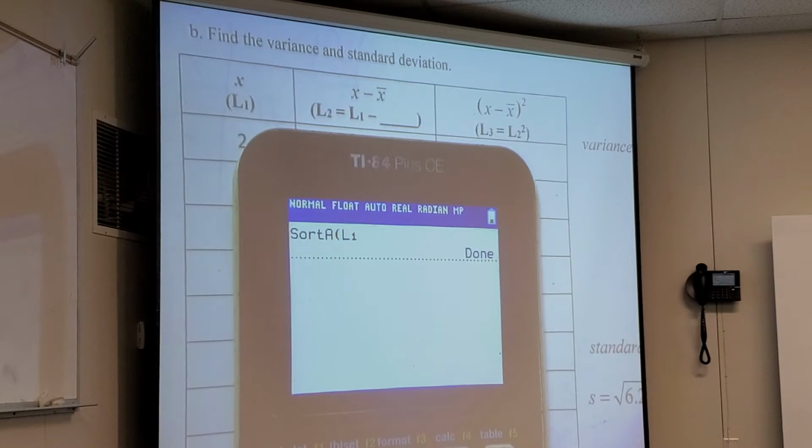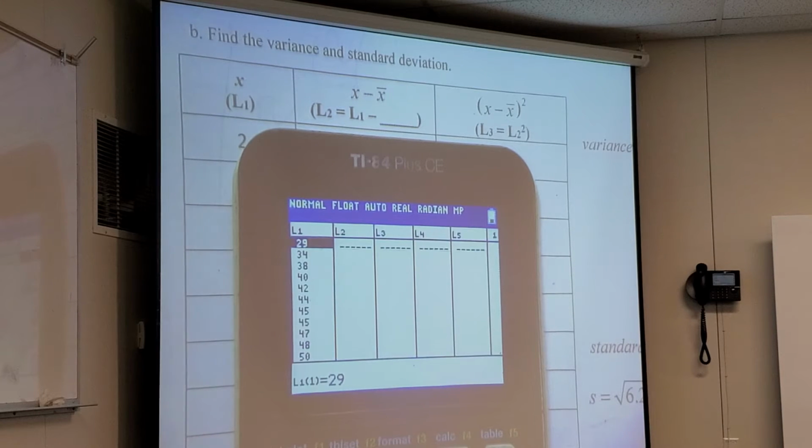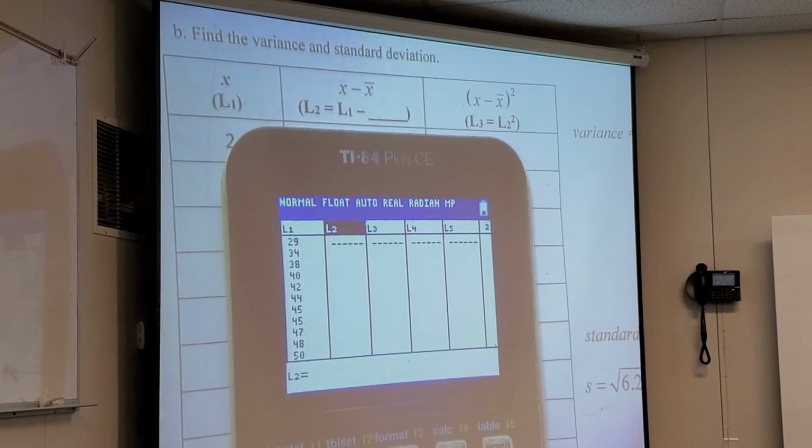Knowing how to sort is very useful. It helps you make tables real quick. So L2 has to be x minus the mean. So the first thing I have to calculate really is the mean.